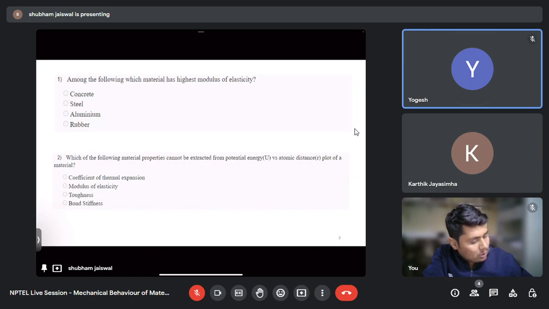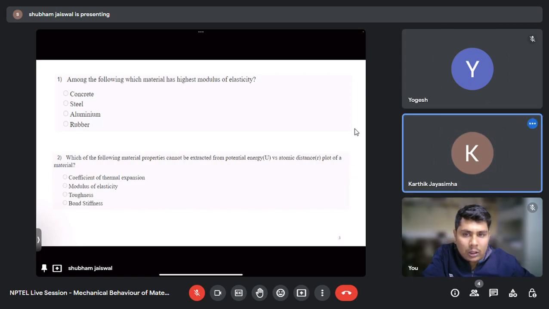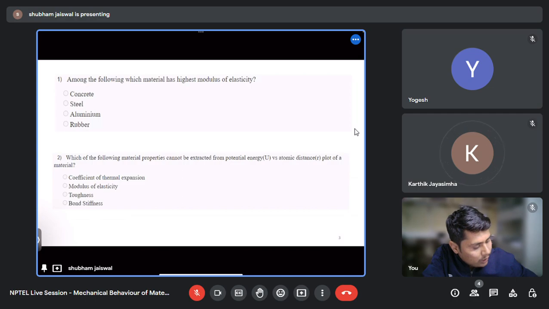Okay. So here we have concrete. It is a type of composite. And second, we have steel. It has metallic bonding. Also, the concrete has covalent plus hydrogen bonding.